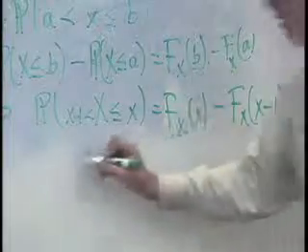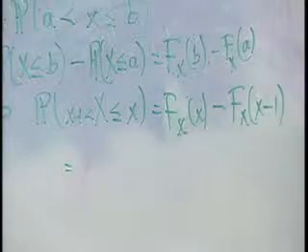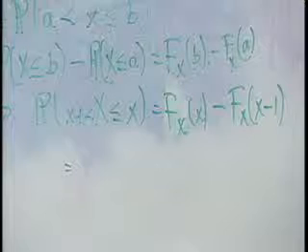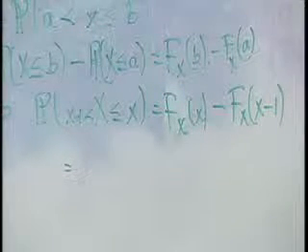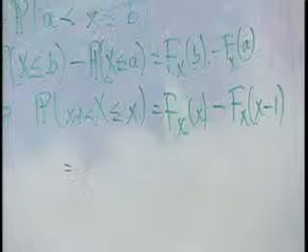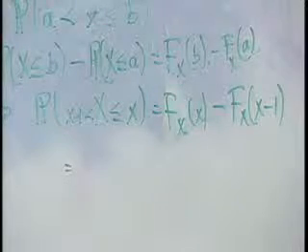And if X can only assume integer values, what is this probability equal to? If X can only assume integer values, what's a simpler way of expressing the probability that X is greater than x minus 1 but no greater than x? Equal to x. That it's equal to x.